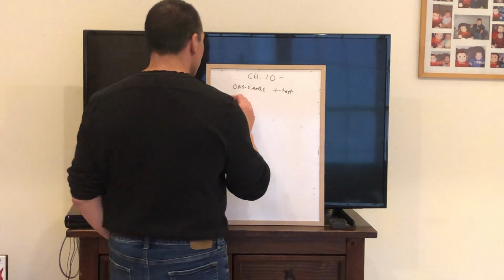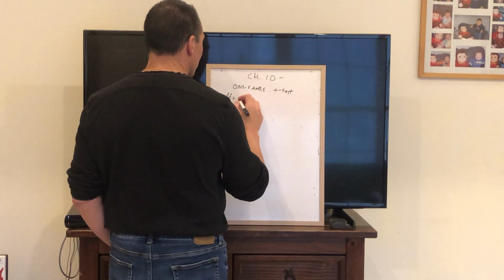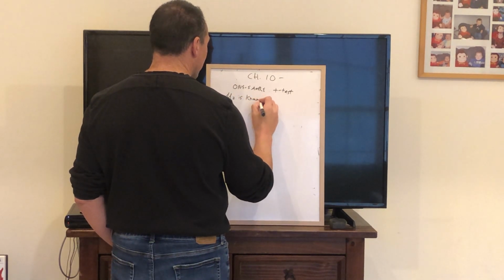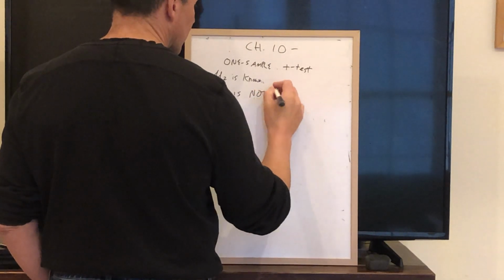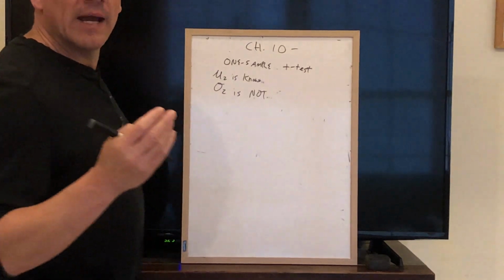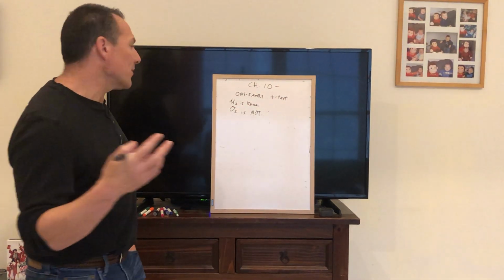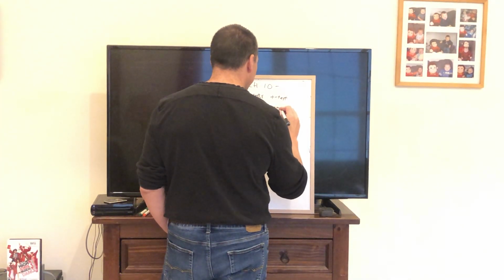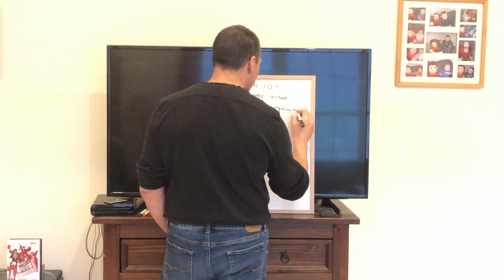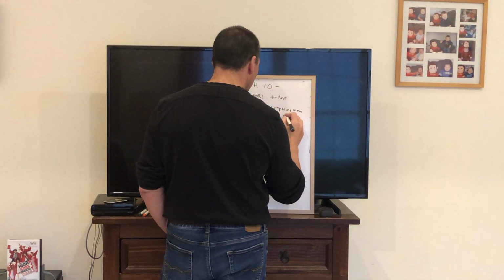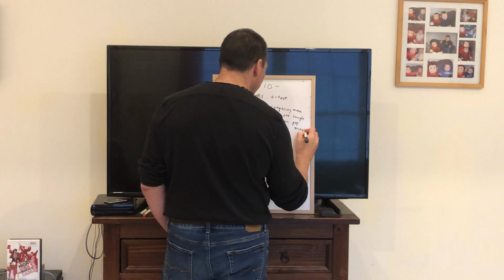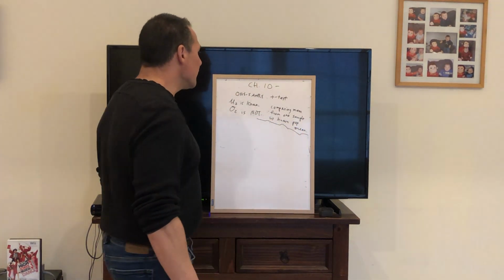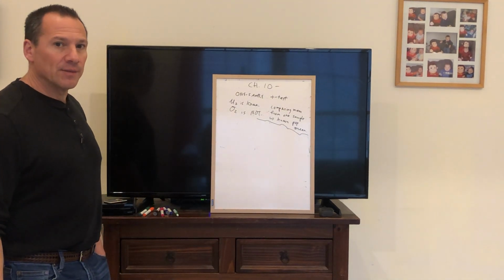So an example is when you have mu sub 2 is known, sigma sub 2 is not, and you are comparing a mean from one sample with some known population mean.